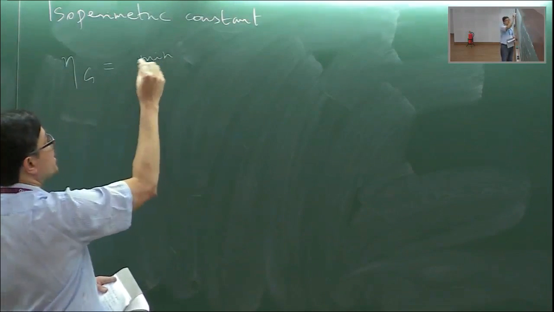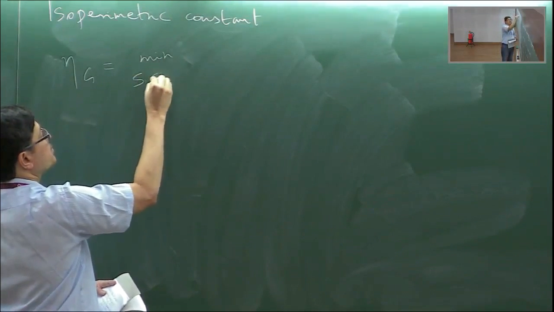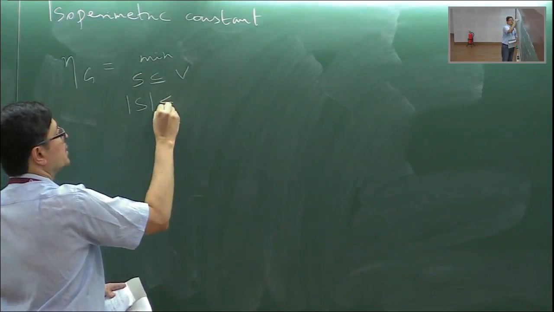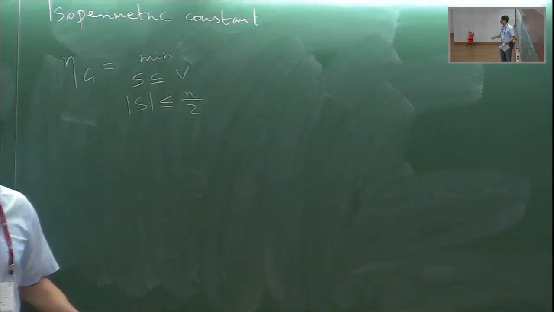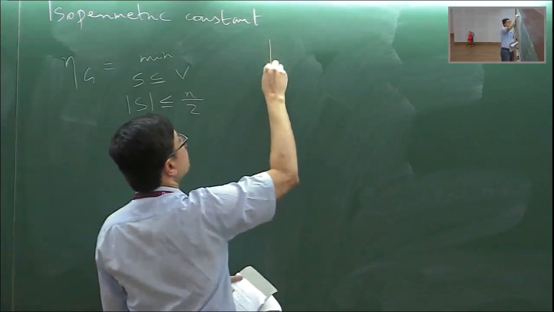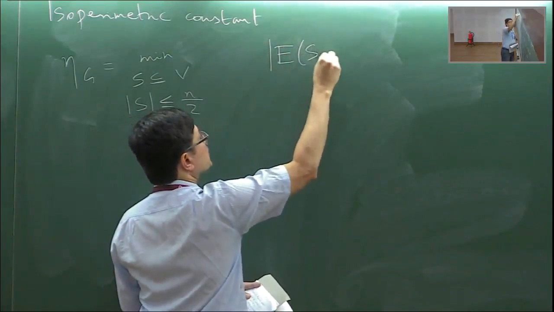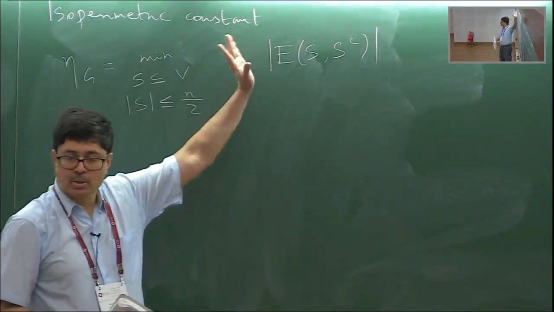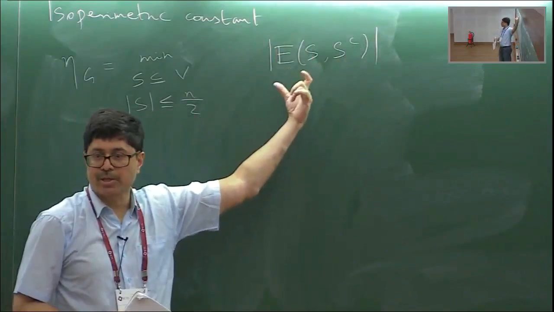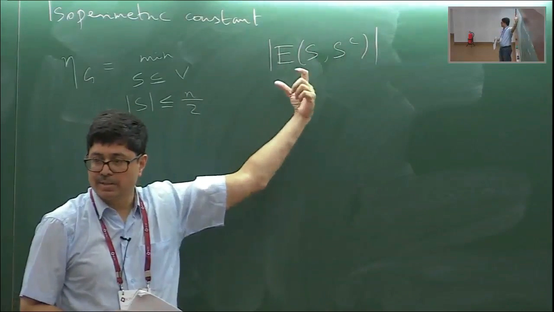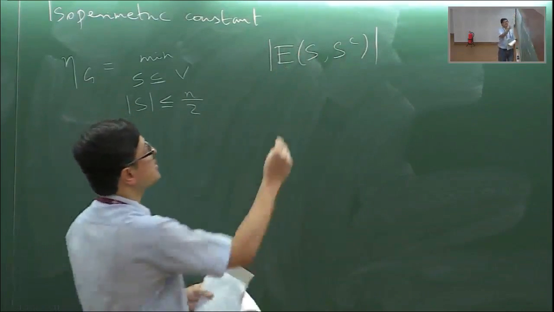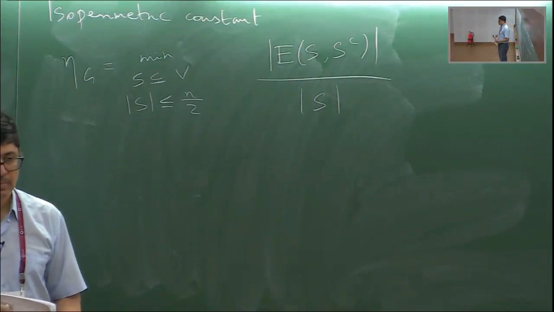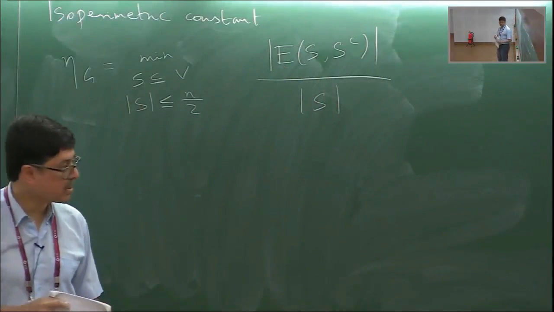So you take the minimum over all subsets S of the vertex set consisting of no more than half the vertices. You look at the cut: the number of edges crossing between S and its complement, and you divide by the number of vertices of S. This ratio is the isoperimetric constant.